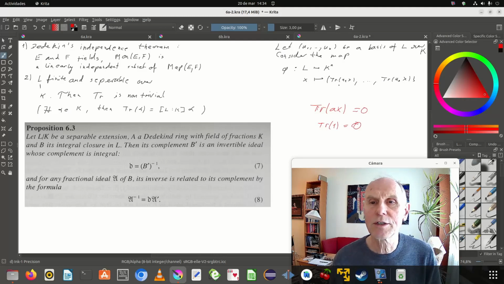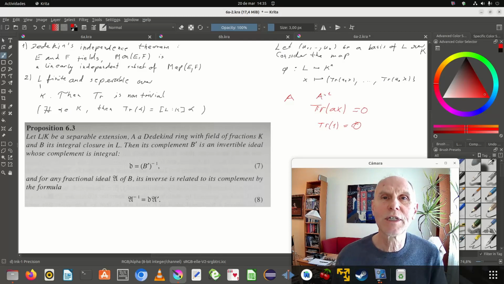So that means that this map has trivial kernel, which means it's invertible, and it's onto, and it's a linear map, so it can be represented by a matrix, and that matrix will have an inverse.